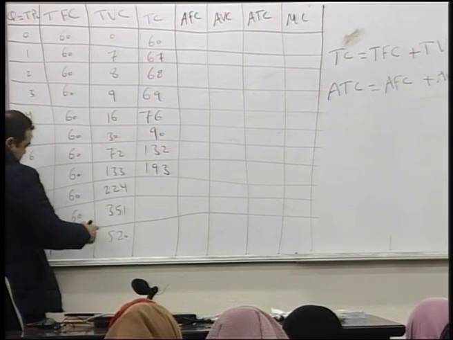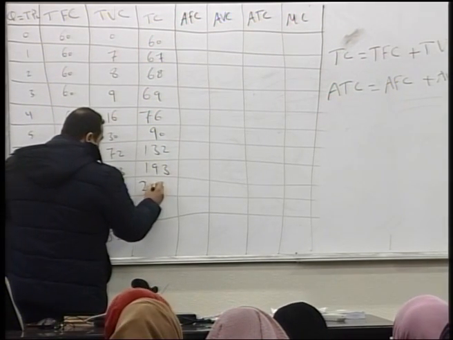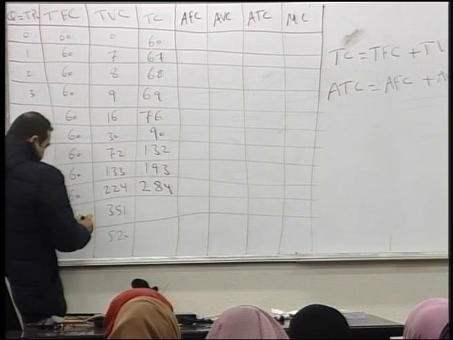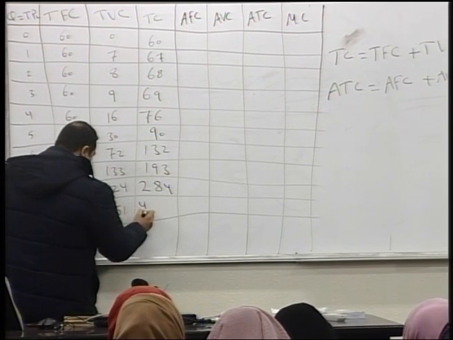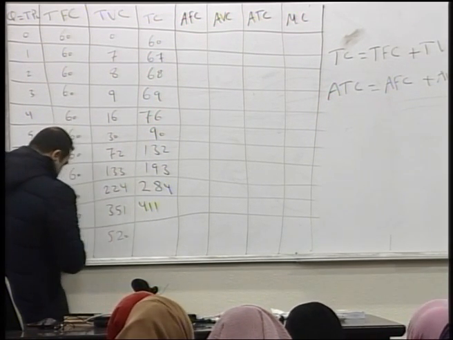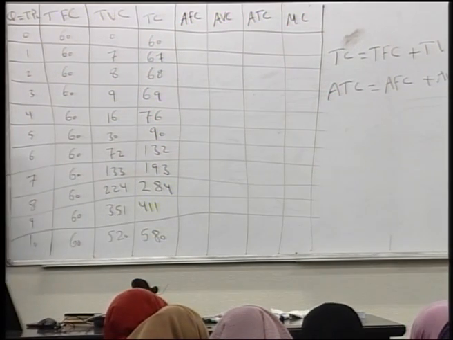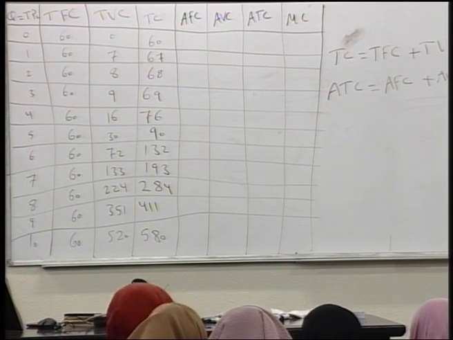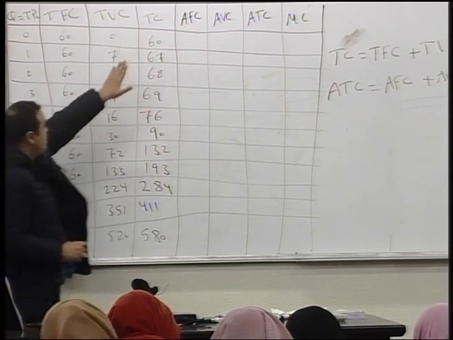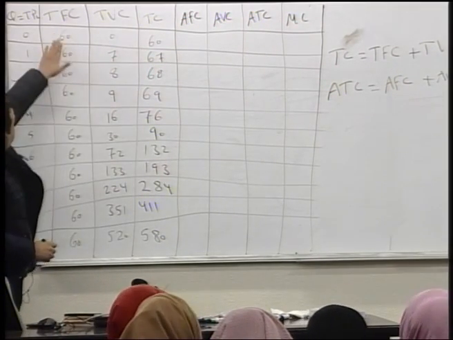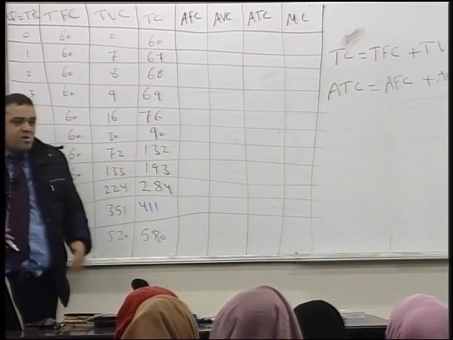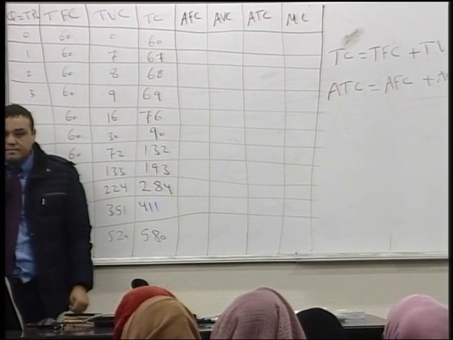How much is it here? 284, 300, 411, 580, right? The total cost here equals the total fixed cost plus total variable cost, right?